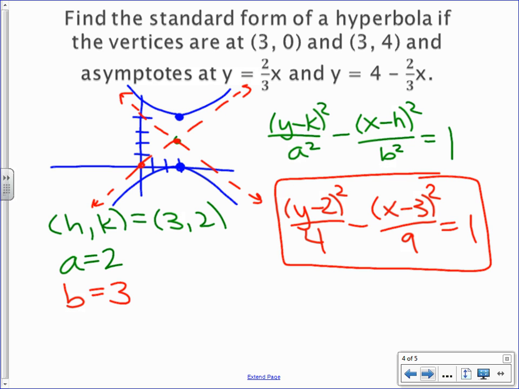So our rise from center to vertex is 2, which matches this number right here. So our rise over run is 2 over 3. To get to the corner of that frame, we went over 3. That's our B value. Do I need to explain that one more time?